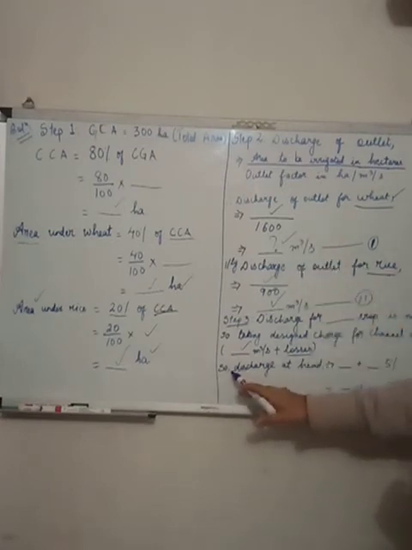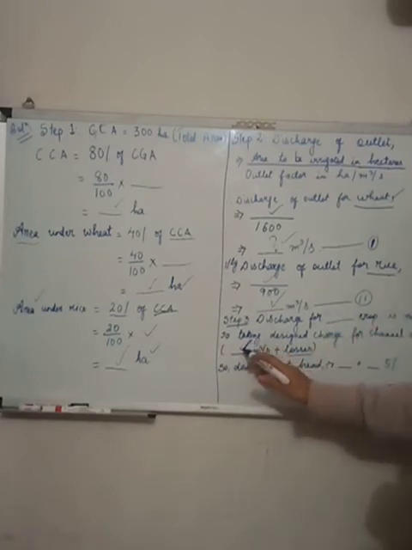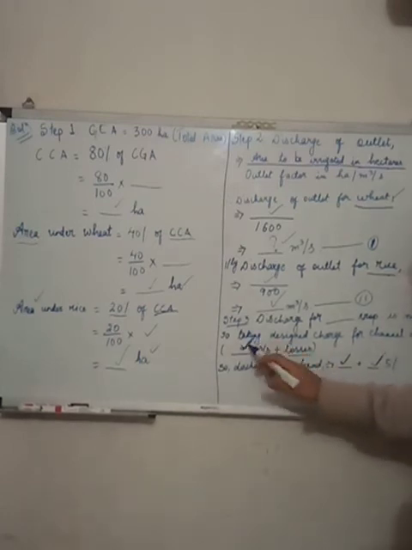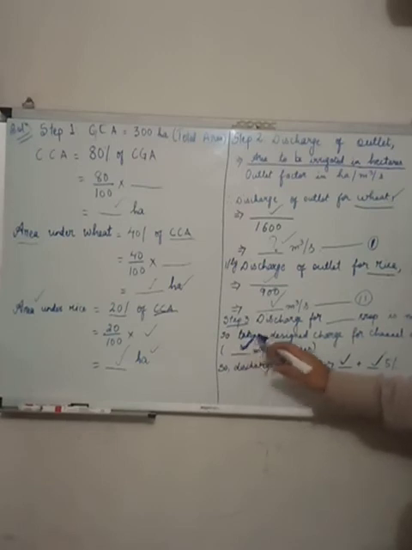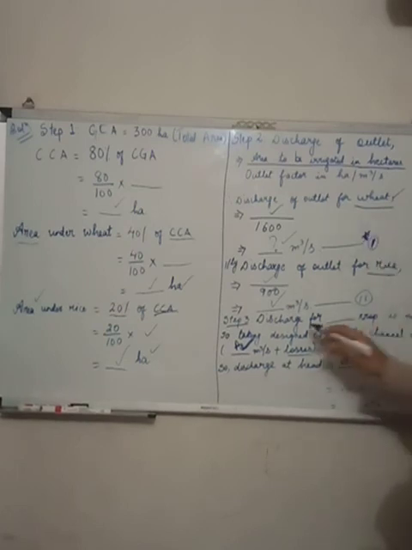So next line you write, the discharge at head is this value that you got here, into 5% of the losses. So 5%, you remove the percentage, it will be divided by 100. Remember, you will have to write the value which is the greatest, let's say equation 1, the discharge for wheat.